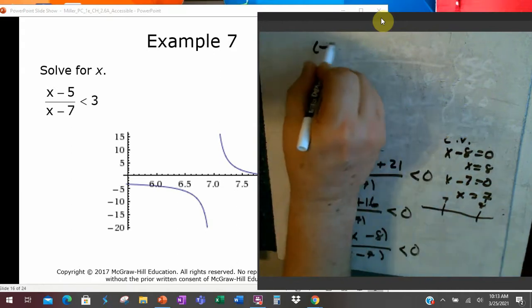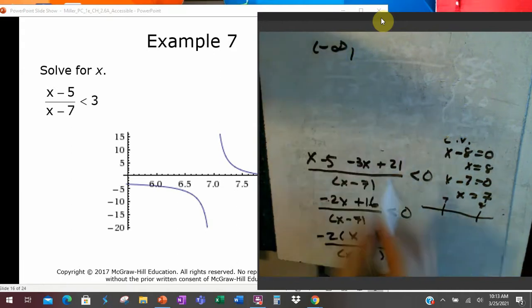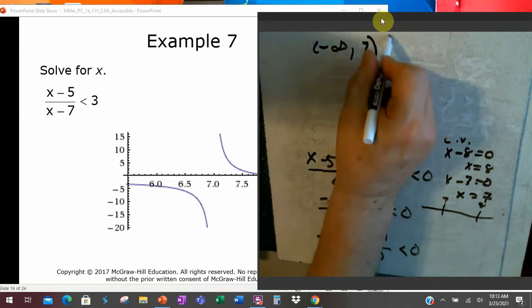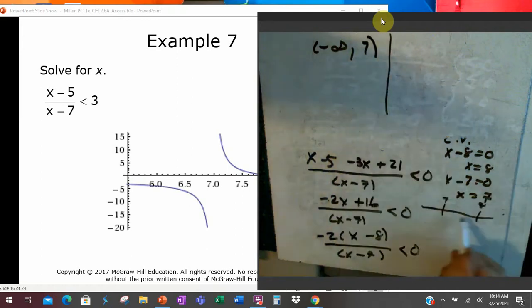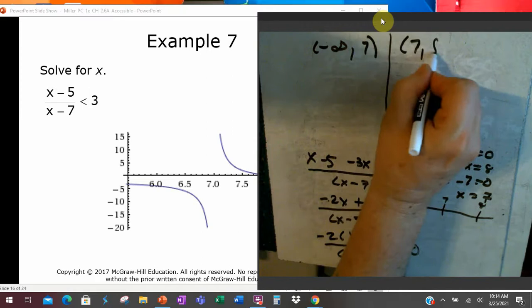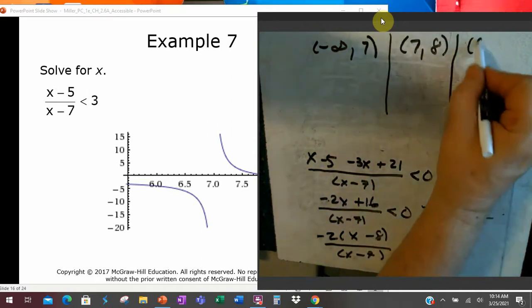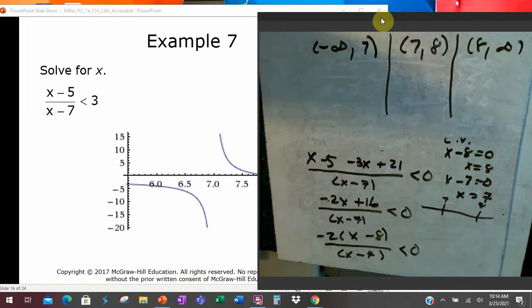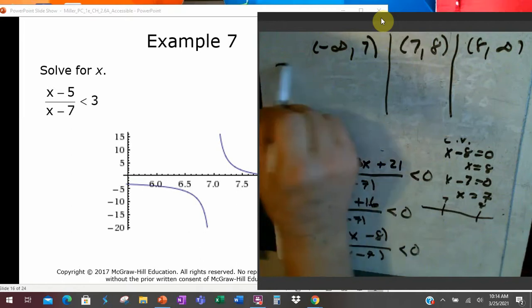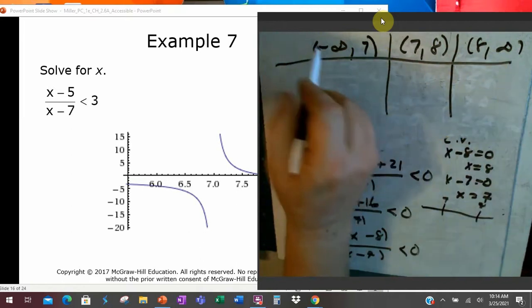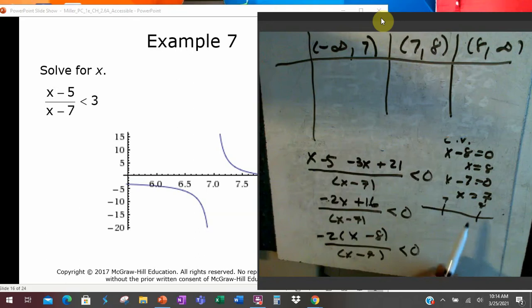So I've got from negative infinity up to 7, and then I've got 7 to 8. That's my second interval. And then 8 to infinity. Those are my intervals. Here are my different factors.